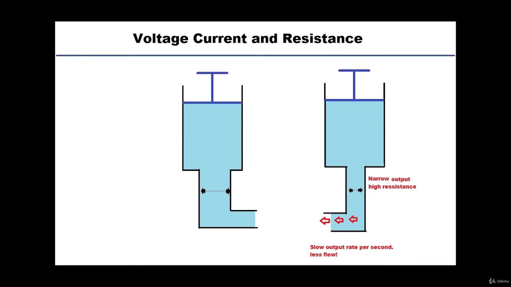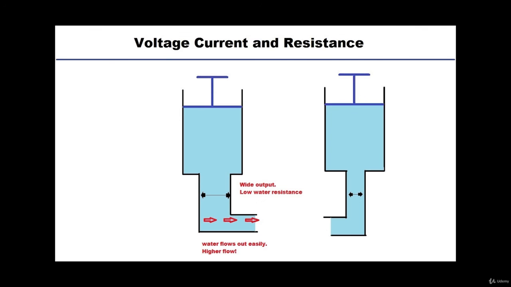We can also see that the amount of water being spilled per second will vary between the two tanks. Since the tank on the right has a narrow output, which means high resistance, we are going to get less water coming out of the output per second, causing a slow flow rate.